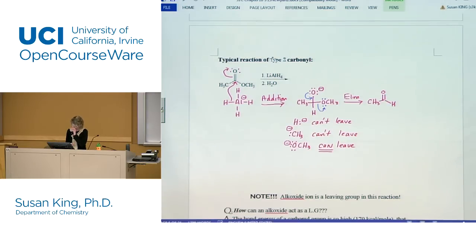All right, what do we know about reactivity of an aldehyde versus an ester? What's more reactive, an aldehyde or an ester? Aldehyde's more reactive. Okay, so aldehyde's more reactive than an ester, so we can't stop here, can we?